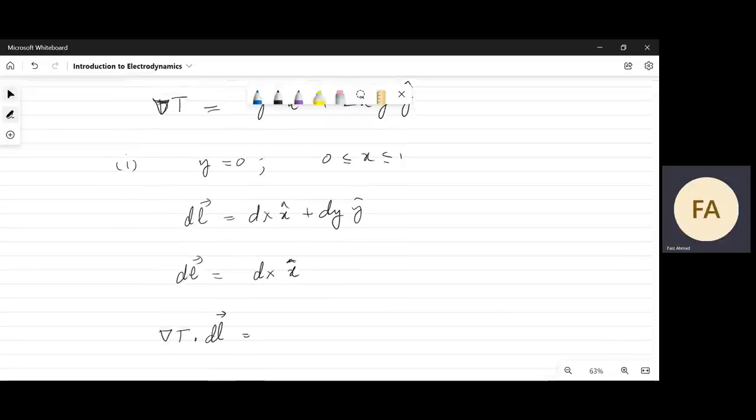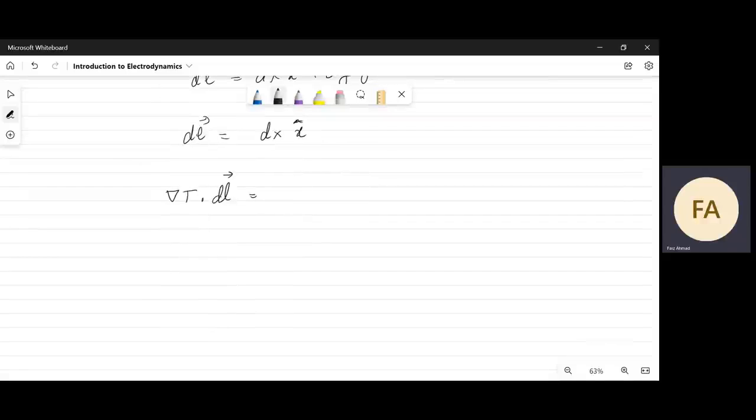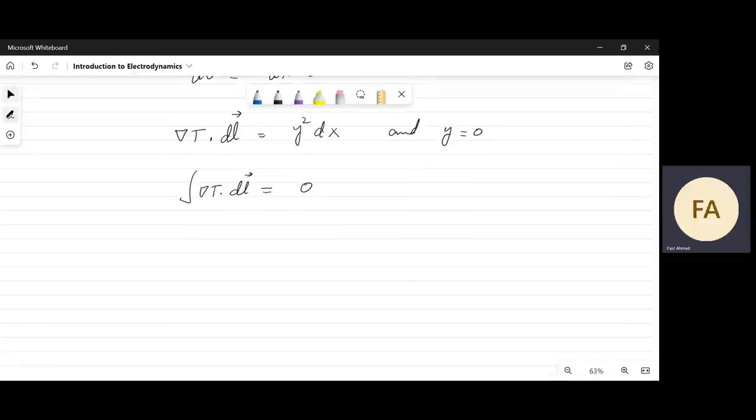If we take the dot product with del t, only y square dx remains, and y is 0 in this case, so the integral of del t dot dl is equal to 0. As y is 0, y square dx will become 0. The whole integral will become 0.